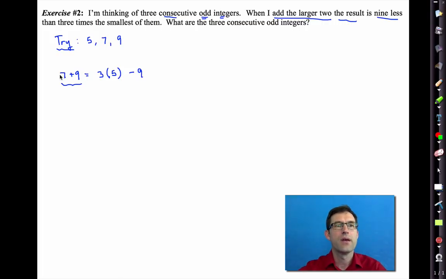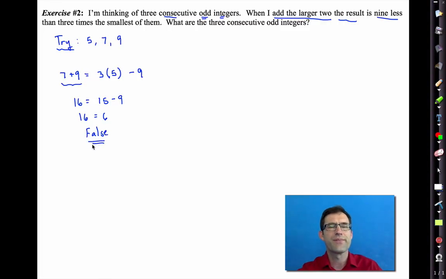That's subtraction. Sum the larger two, 9 less than 3 times the smallest. Now let's see if we did it right. Got the right 3. I kind of guaranteed we weren't going to. But there we go, that's false.